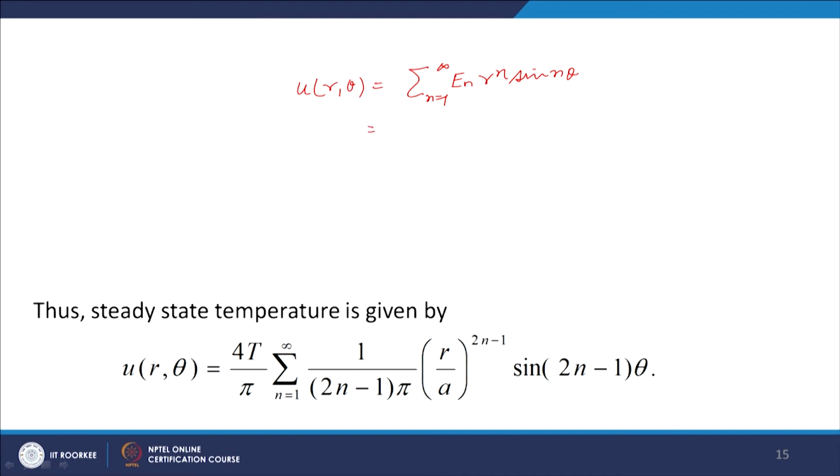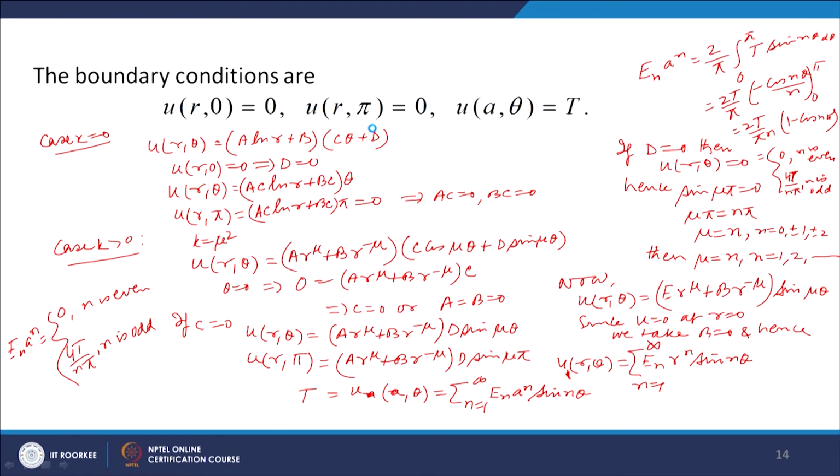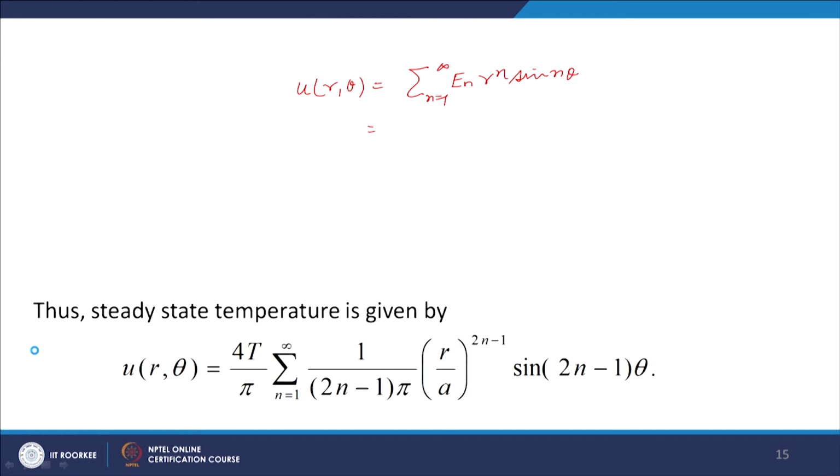Okay. The value of E_n is what? E_n is equal to this. So, we can put the value of E_n now. We will get E_n, and n has to be taken odd.